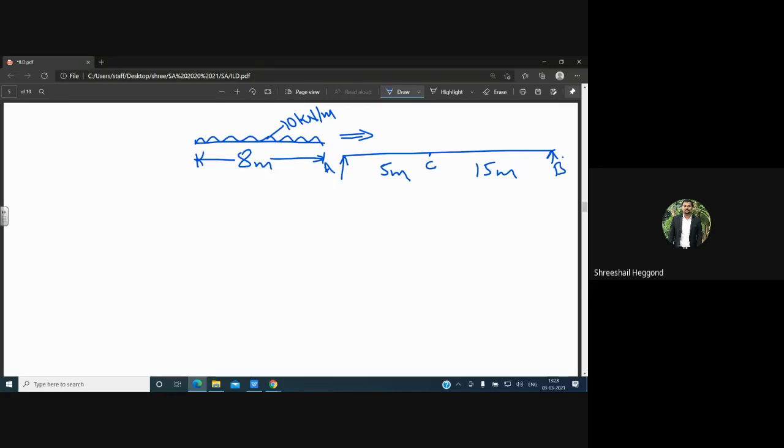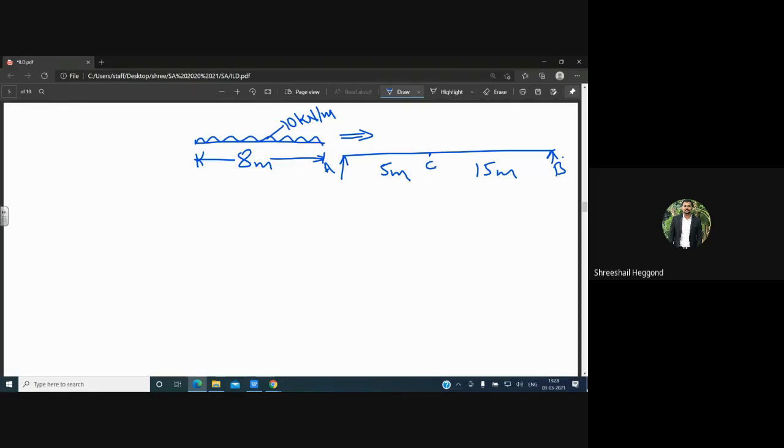And then you need to calculate what will be the bending moment at C point. Okay. Once it is done, again we can go for where will be the maximum bending moment also, that also we will be calculating. First we'll see how much you can get as the maximum bending moment at C point. Visualize this numerical.